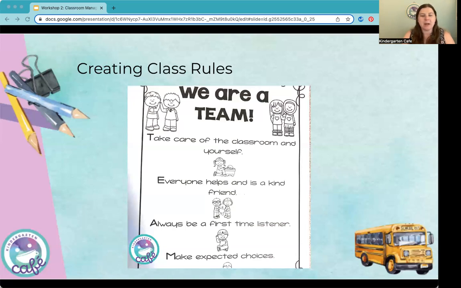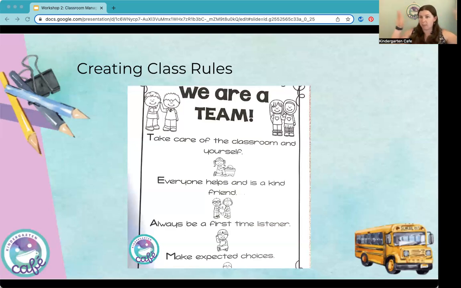So by around day 4, I start doing this process where we come together and we talk about why rules are important. In my back to school lesson plans and product, you'll see I have a whole lesson on this, but we read Officer Buckle and Gloria, and we talk about why rules are important, how they're there to keep us safe.